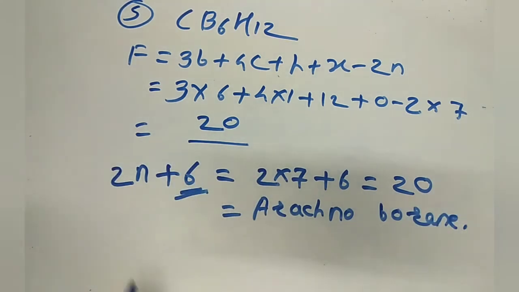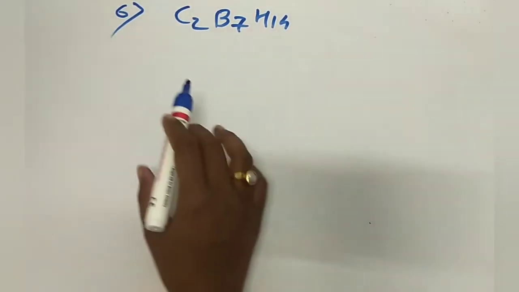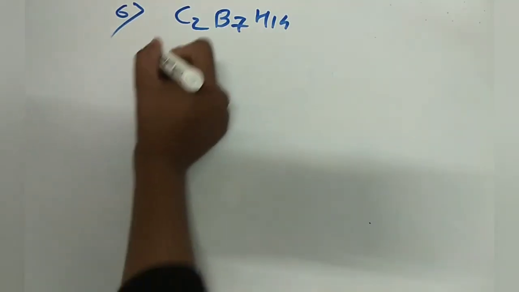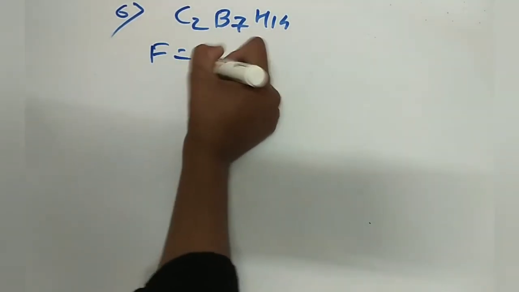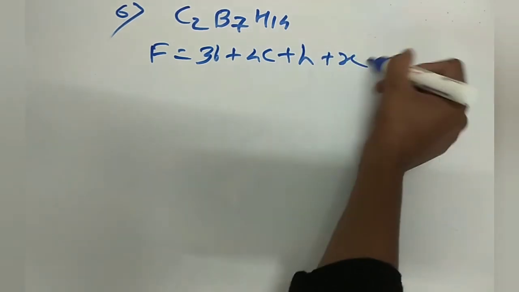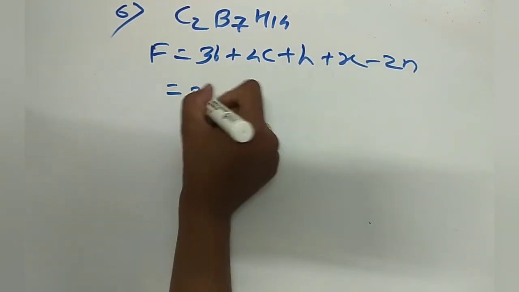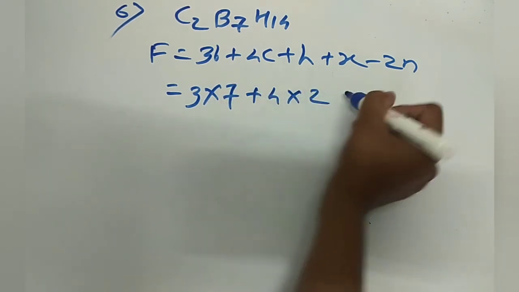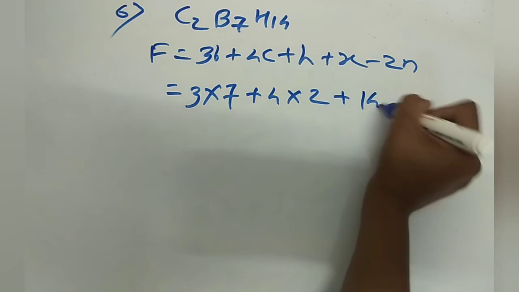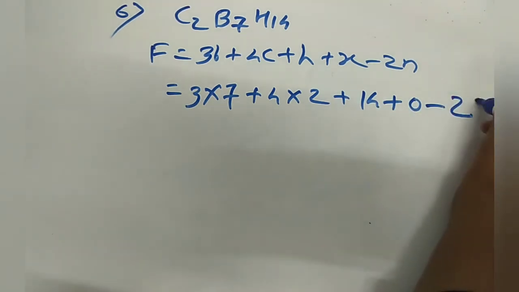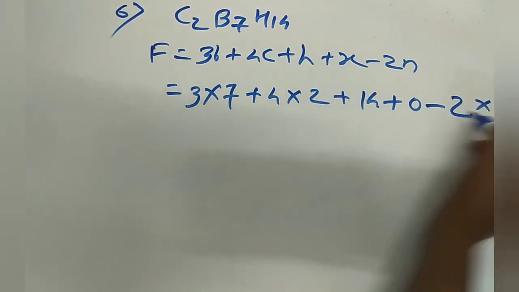So we consider the next example. Here we are considering the example C2B7H14. Again we are using the same formula. F is equal to 3b plus 4c plus h plus x minus 2n. 3 into number of boron atoms is 7, plus 4 into number of carbon 2, plus hydrogen is 14. There is no charge, therefore 0, minus 2 into 7 plus 2, 9.